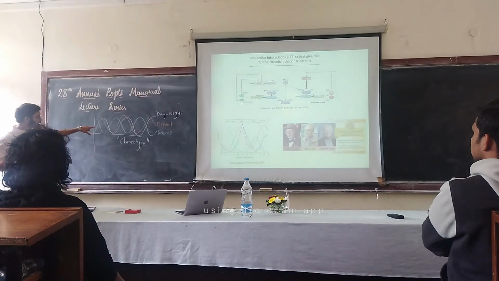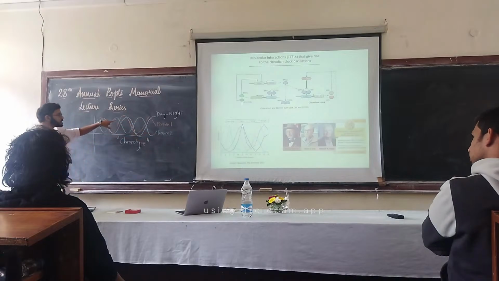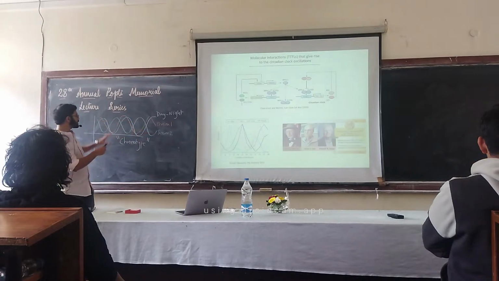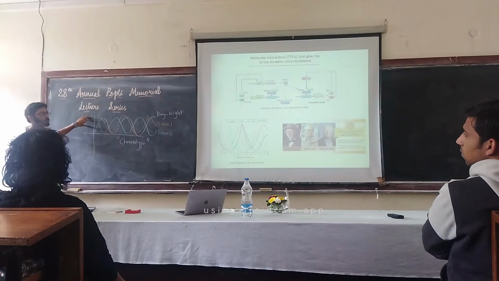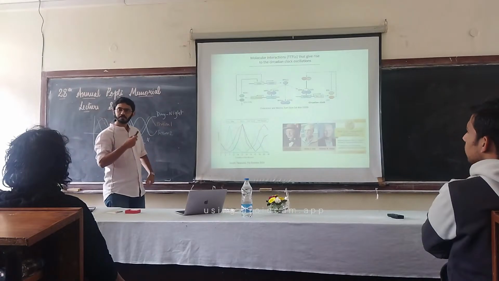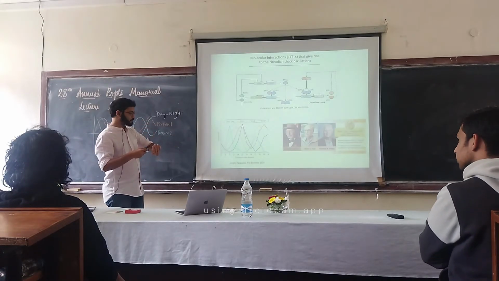Okay, so yesterday what we were talking about, these oscillations, you can think of these as arising from chemical reactions, and the y-axis is just the number of mRNA molecules or protein molecules. Okay, so that's what is meant by a circadian clock oscillation. These are, of course, roughly of the time period of 24 hours.